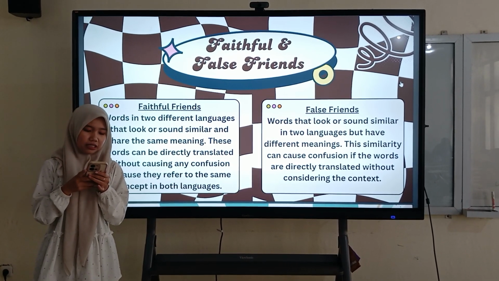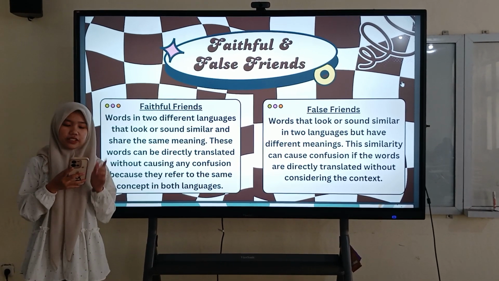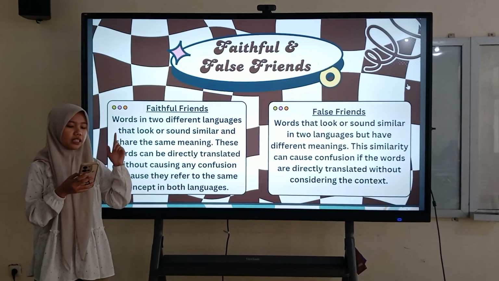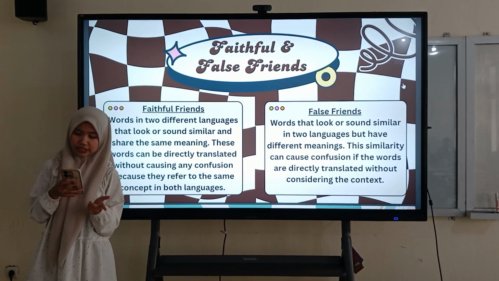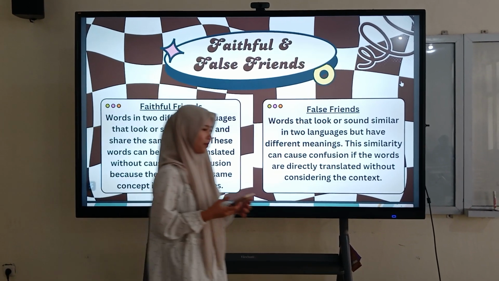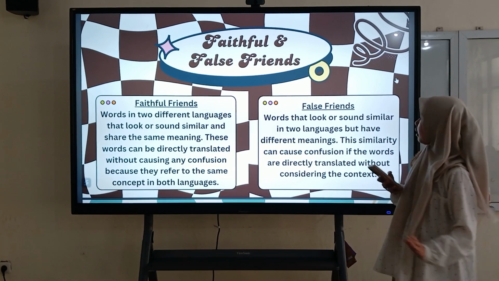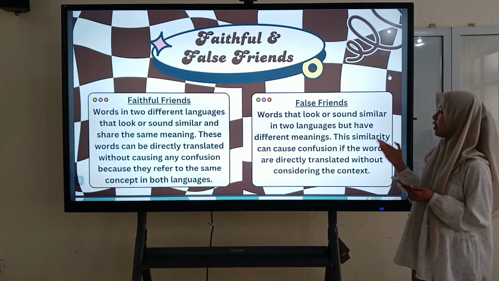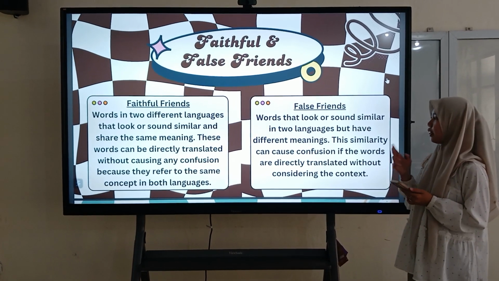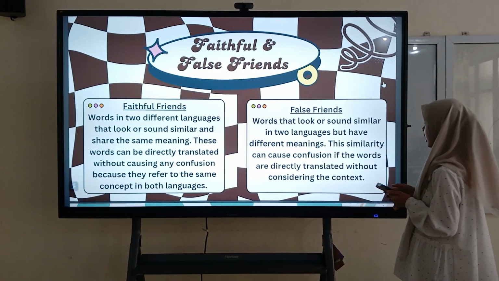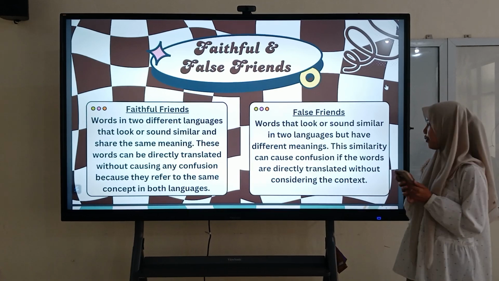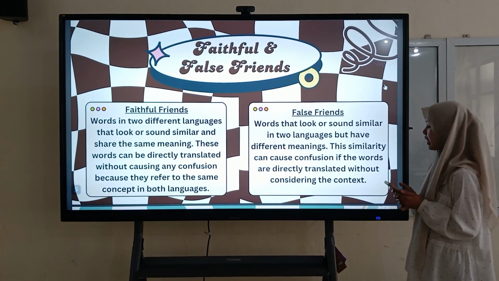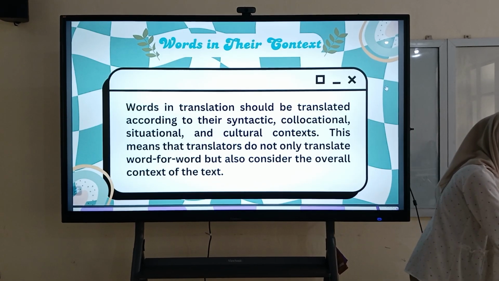For example, the word theater in English and teater in Indonesian share the same meaning, allowing direct translation. Next, false friends are words that look or sound similar in two languages but have different meanings. This similarity can cause confusion if the words are directly translated without considering the context.